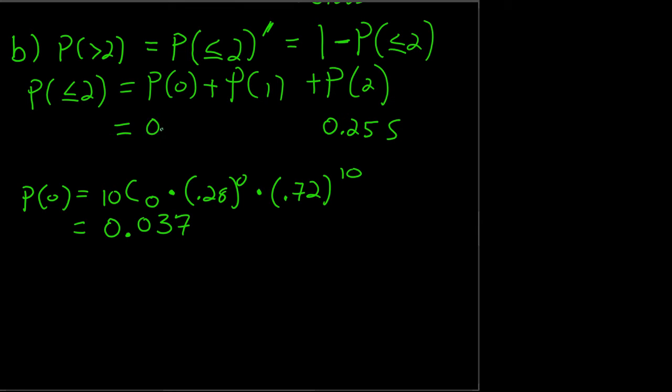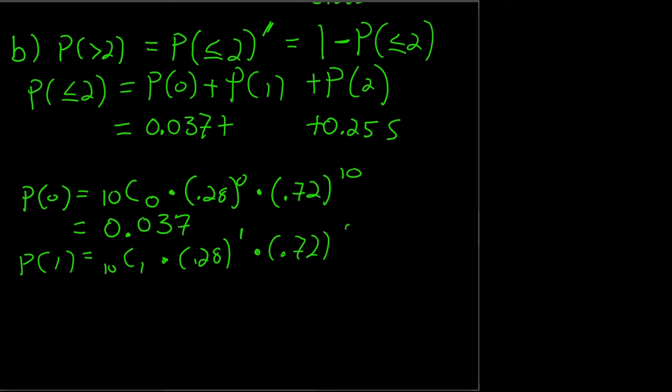So I'll put that up here also, 0.037. And then the probability of 1 is equal to 10 choose 1, times 0.28 to the first power, times 0.72 to the 9th power. And so I use my up arrow on my calculator again, and I replace these zeros I put in with 1s, and I replace the 10 on the end with a 9. And I get a probability of 0.146.